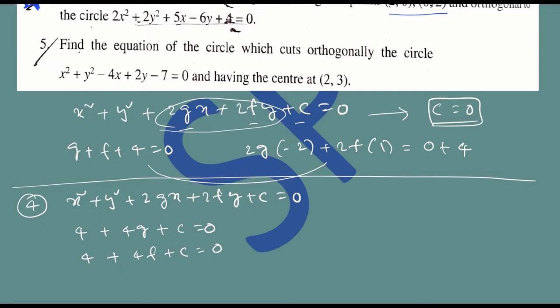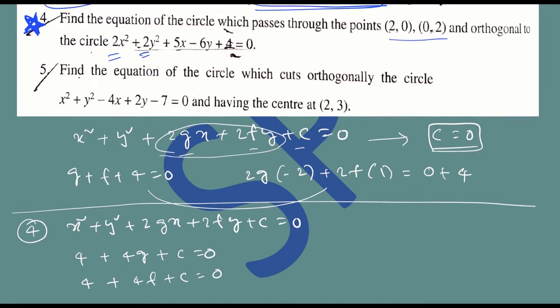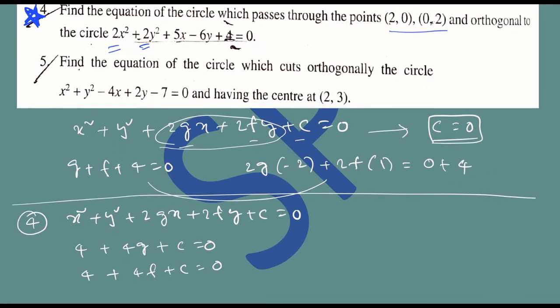Okay, and the circle is intersecting the given circle orthogonally. So applying the condition, I'll get 2g dash. Here I want you to be careful there. I want you to observe that we have coefficients of x square and y square as 2 there. So to put it in the standard form, I have to divide by 2 there.